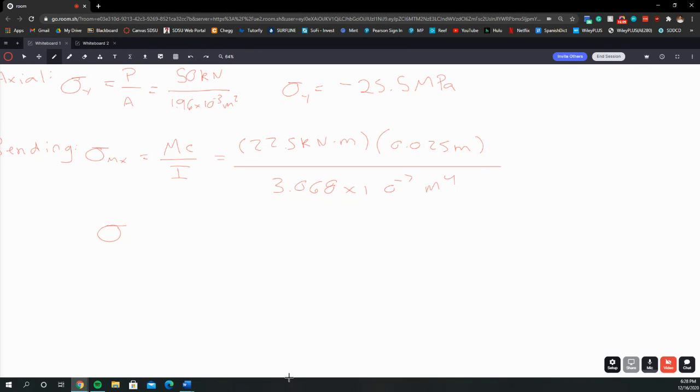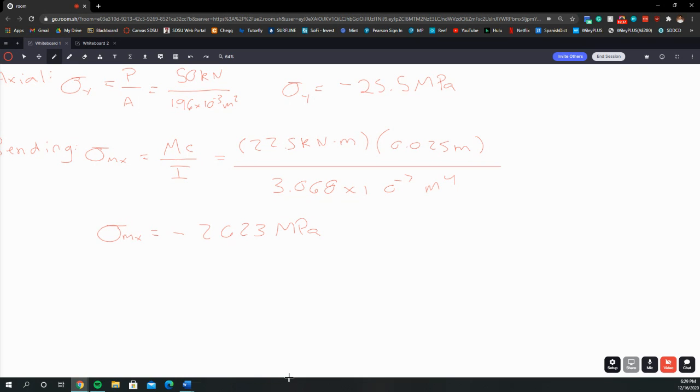So this gives us sigma x equals -2,623 megapascals. Once again, because it's compressive.